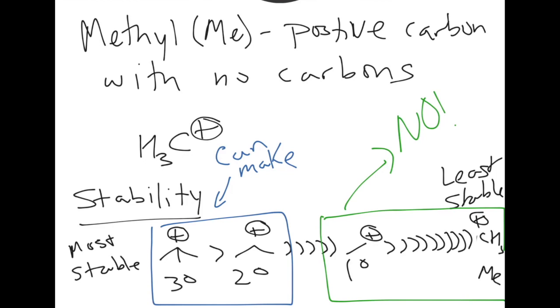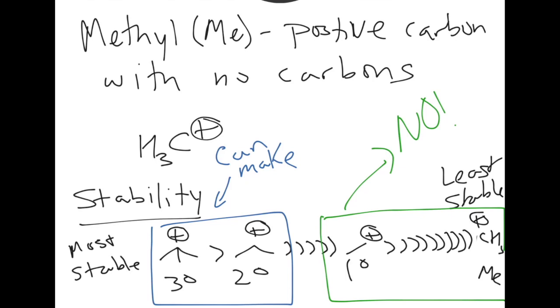They are so unstable that under normal reaction conditions, the molecules will just choose not to make a primary or a methyl carbocation. So almost every reaction that we do is going to involve either a tertiary or a secondary carbocation. You're never going to have primary or methyl carbocations, right?